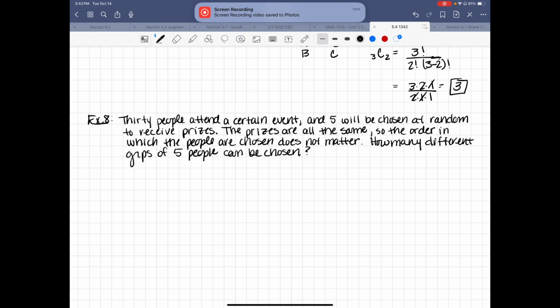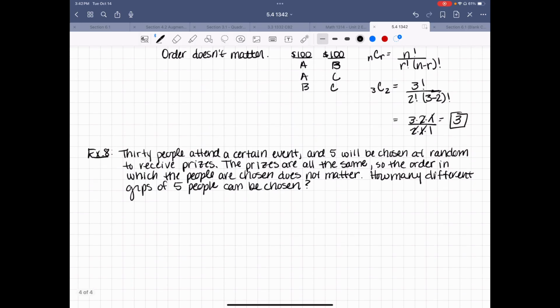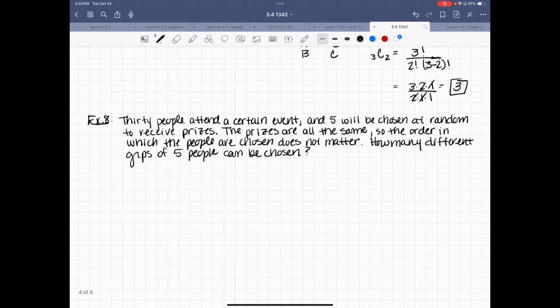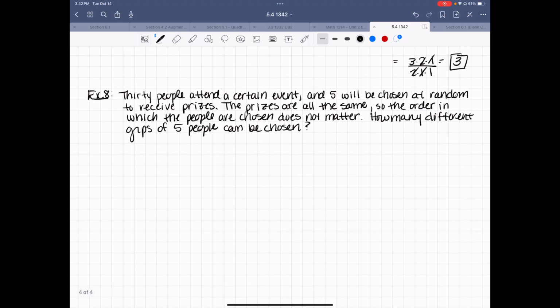Okay, so in example 8, I have 30 people attend a certain event, and 5 will be chosen at random to receive prizes. The prizes are all the same, so the order in which the people are chosen does not matter. How many different groups of 5 people can be chosen? Okay, so since order doesn't matter, that means it's a combination. So I have n choose r.